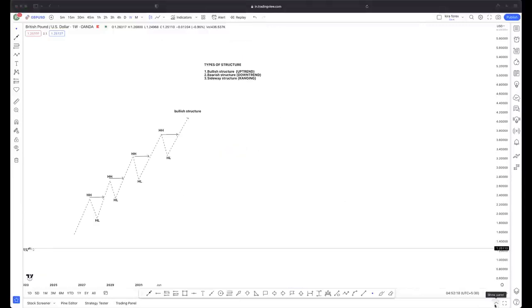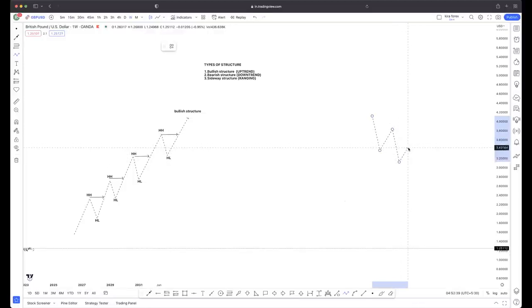Let's move to the second point, which is a bearish structure or a downtrend structure. In a downtrend or bearish structure, we have a series of lower lows and lower highs. This is just the opposite of the bullish structure.